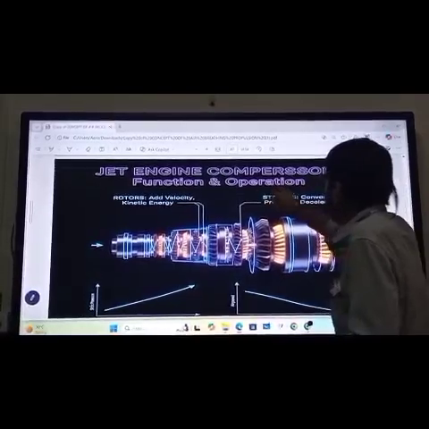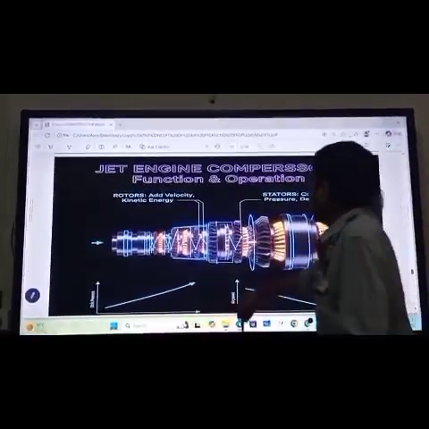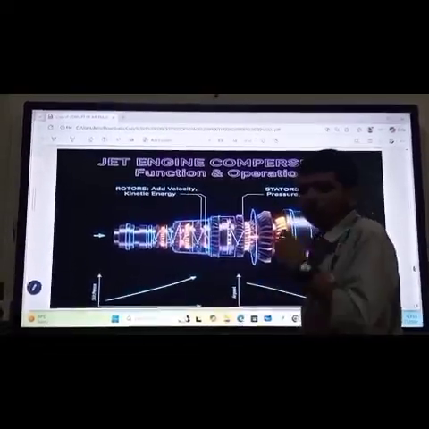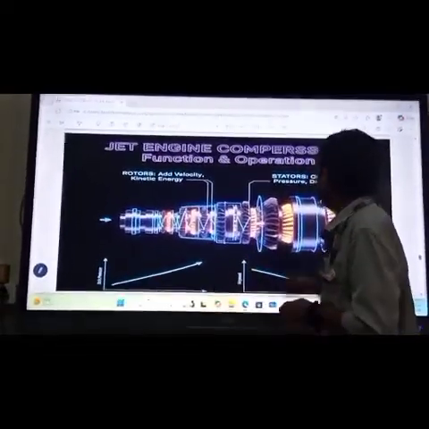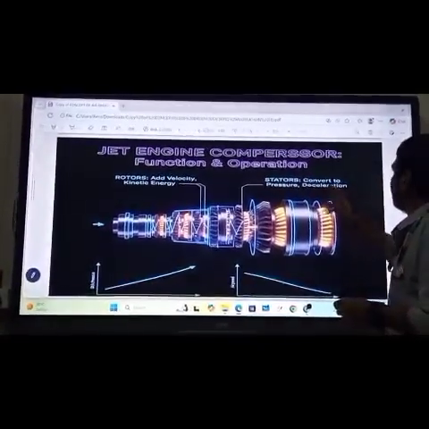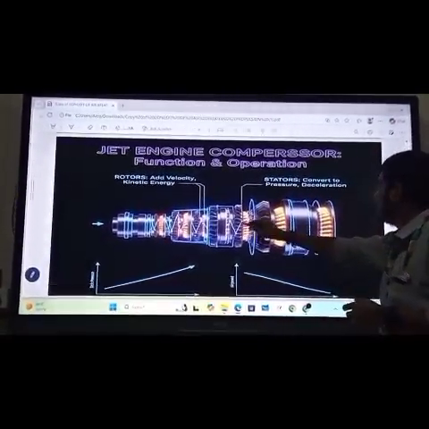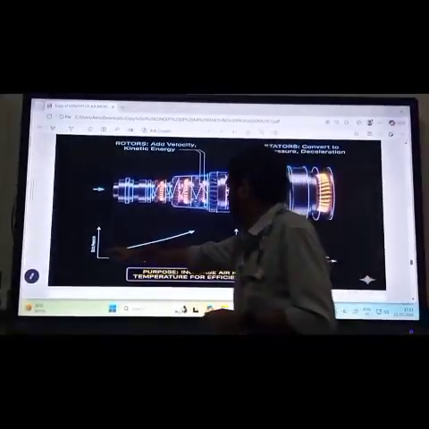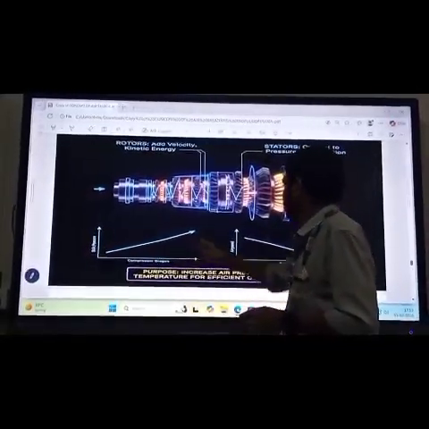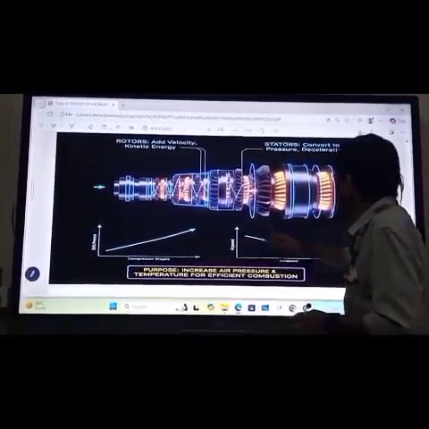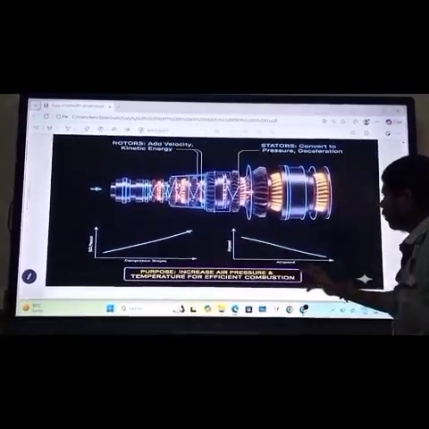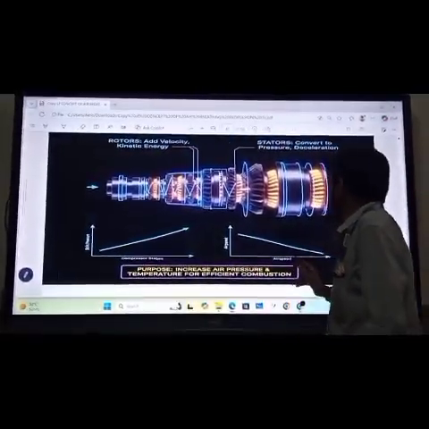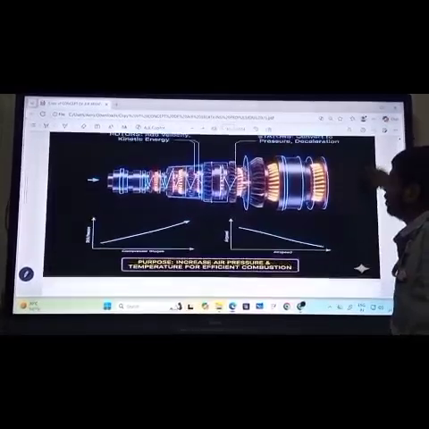So this is the jet compressor function and operation. Rotors add velocity and convert it to kinetic energy, and stators convert it to pressure by deceleration. These are fixed into the section. This is the static pressure part, and the compression stages are shown in this graph. Airspeed increases, and airspeed and temperature rise for efficient combustion.